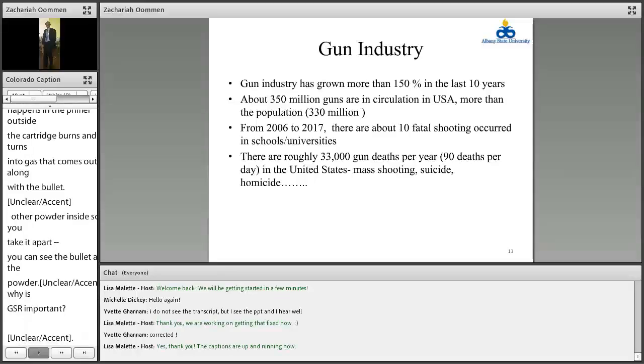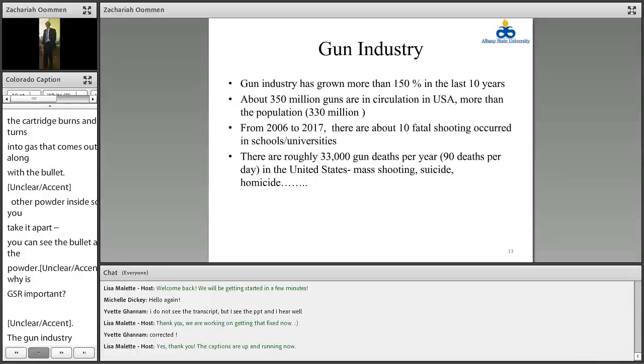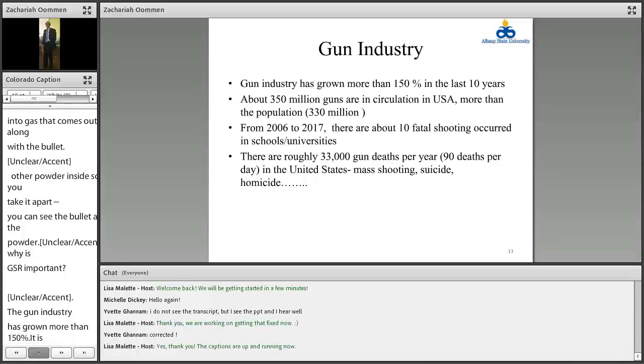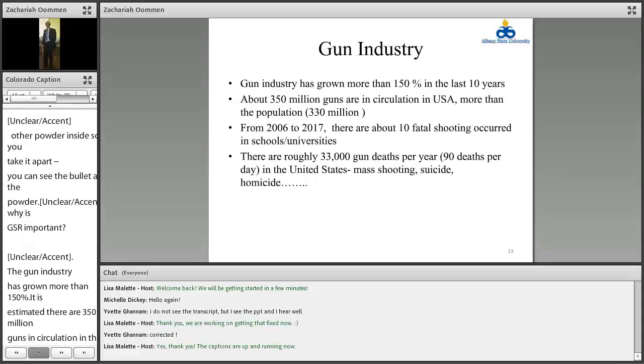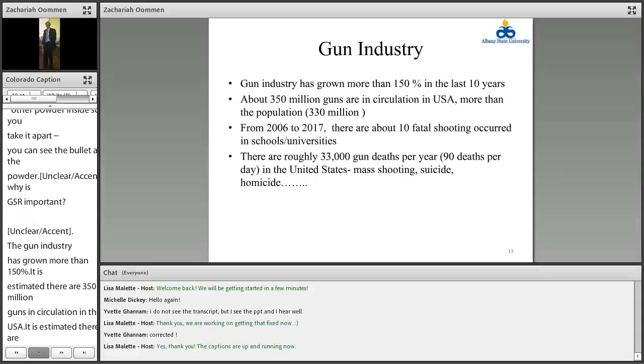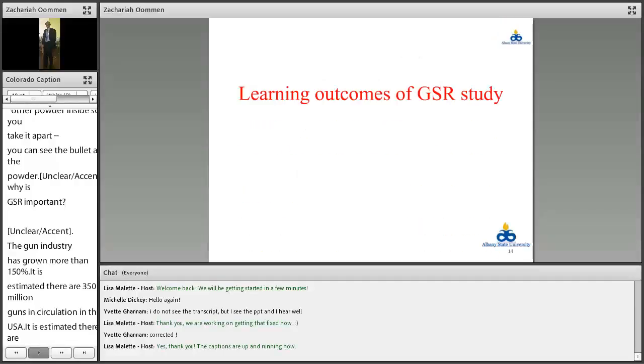It is estimated that there are 350 million guns in circulation in the USA, more than the US population. And it is estimated that there are roughly 33,000 gun deaths per year, that is 90 deaths per day in the United States, because of mass shooting, suicide, and homicide. So it is so important to study.